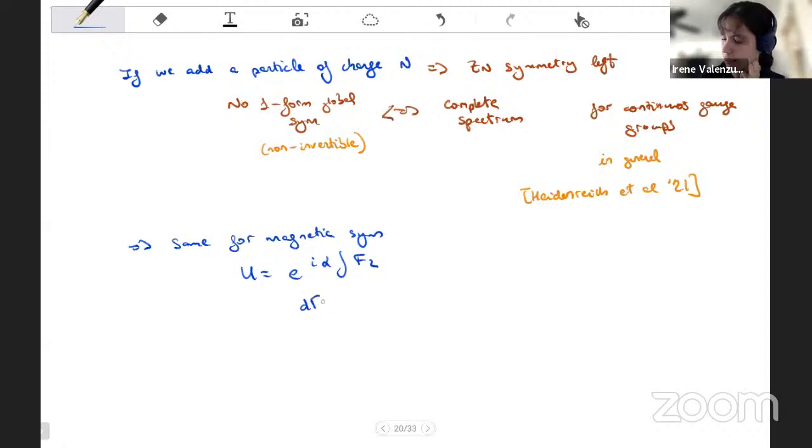And then again, the conservation equation of the current is the Bianchi identity, so this is different from zero. You have monopoles in your theory. One can play the same story of having completeness of the monopoles related to the absence of all these magnetic one-form global symmetries. Okay, any question?